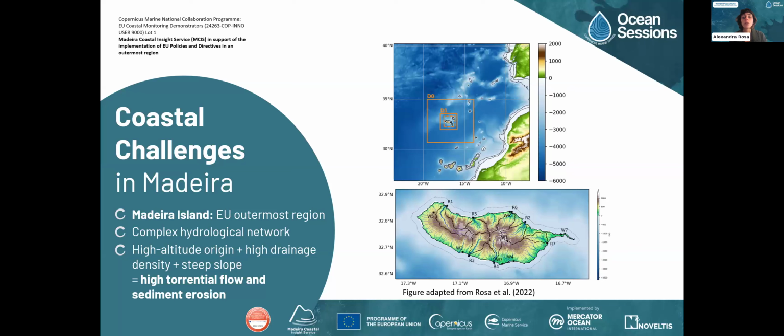So some of you may know that Madeira is an island, considered a European Union autonomous region, with a complex hydrological network composed of several streams, which are characterized by high altitude origin, which together with high drainage density and steep slope leads to high torrential flow and sediment erosion.